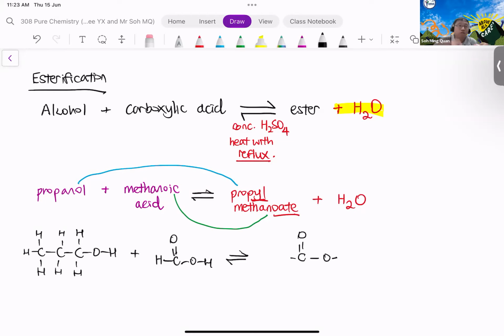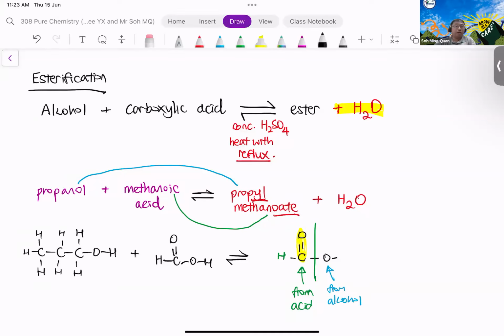If you know it's an ester, draw the ester linkage first. This is from the acid. That means this portion on the left is the acid, whereas this portion on the right, the O single bond, is from the alcohol.